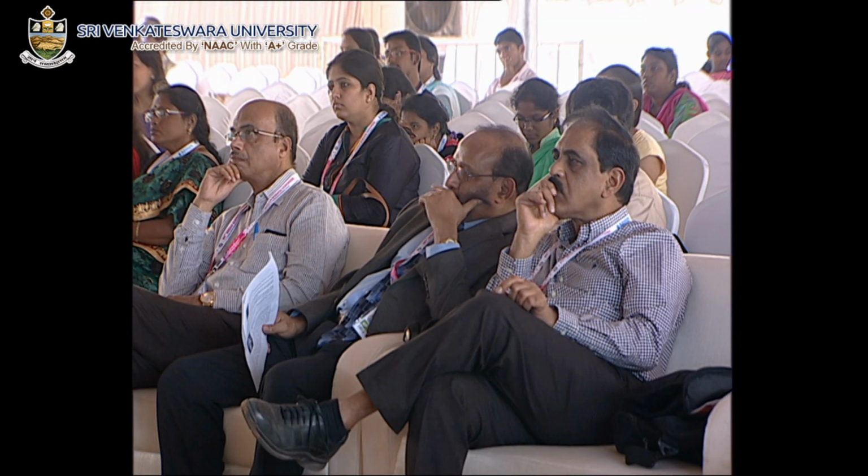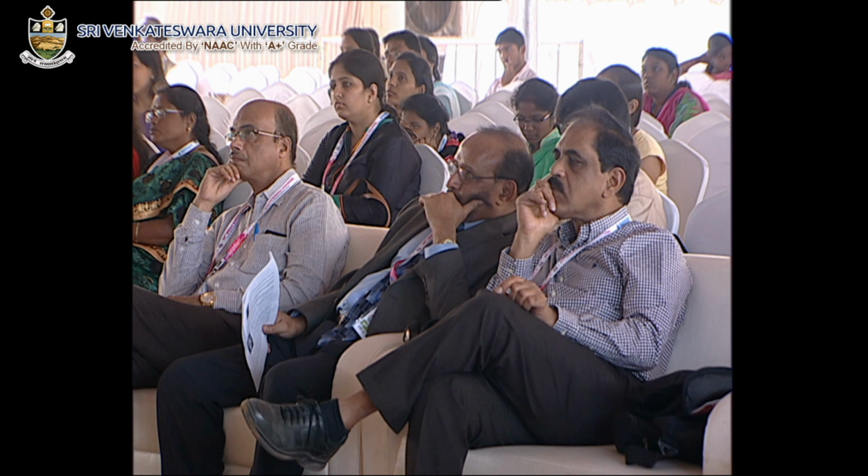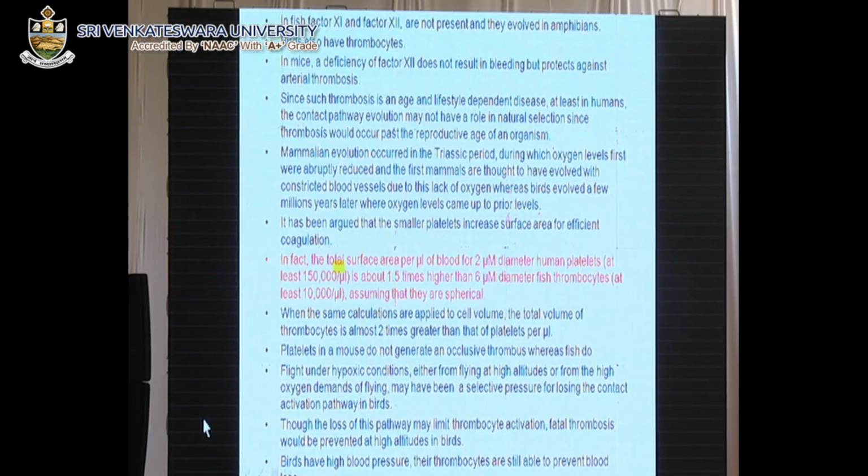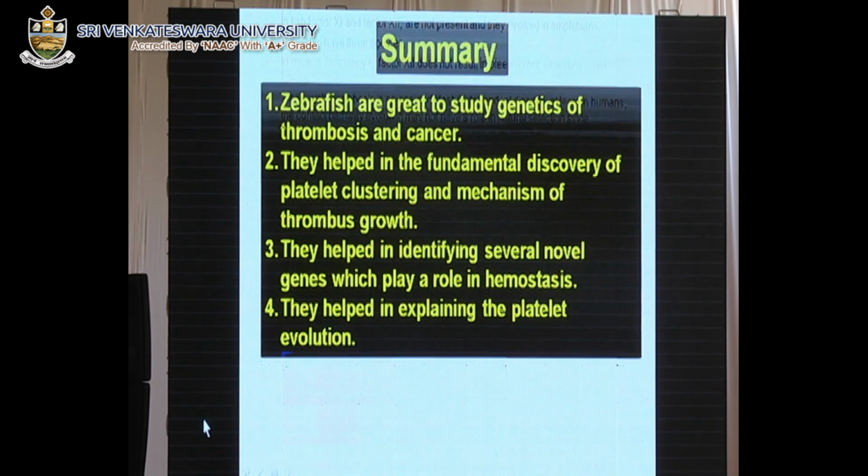In our lab, we completely occlude the vessel, but in those labs, people use another animal model called mouse, which to me is a big fur ball. In that animal, it will never occlude under the same conditions. So as far as thrombosis is concerned, thrombocytes are more efficient, and thus the fish and other animals would have been killed during hypoxic conditions.